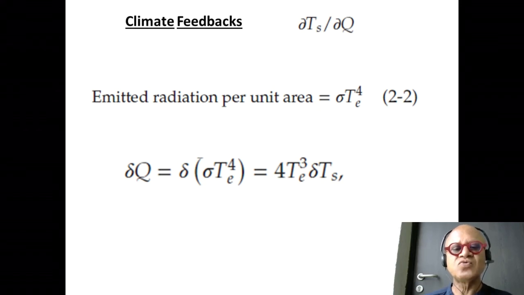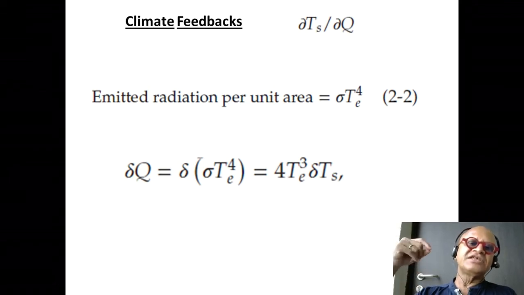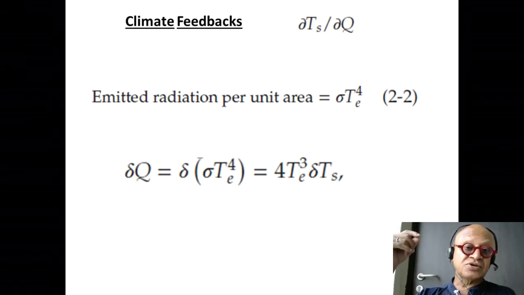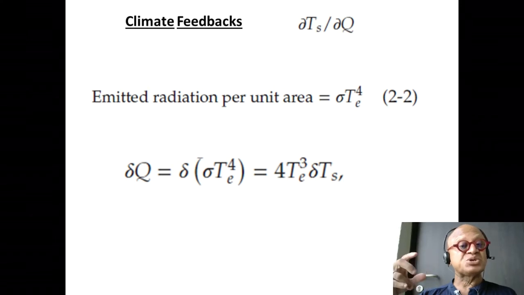So delta of sigma Te to the fourth is going to give us 4 sigma Te to the cube times delta Ts, I'm sure you know how it works. We have replaced Te by Ts here, assuming that any sensitivity of the emission temperature is going to be directly related to the changes in the surface temperature as well.